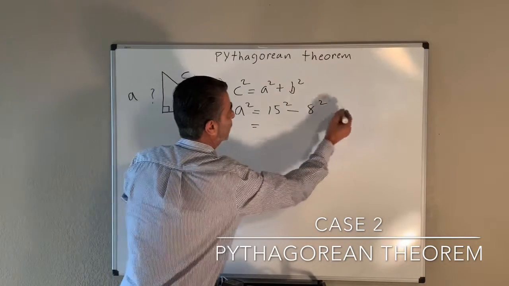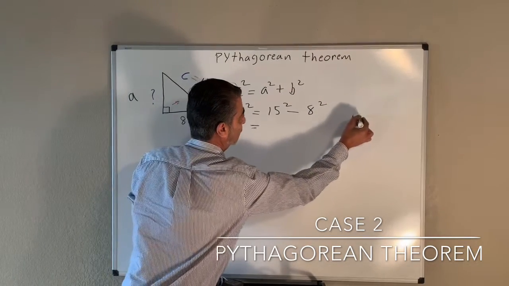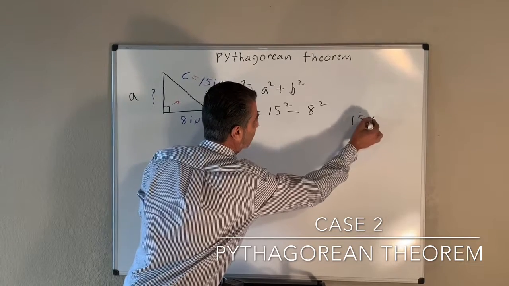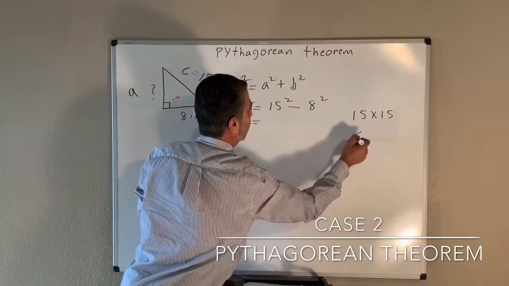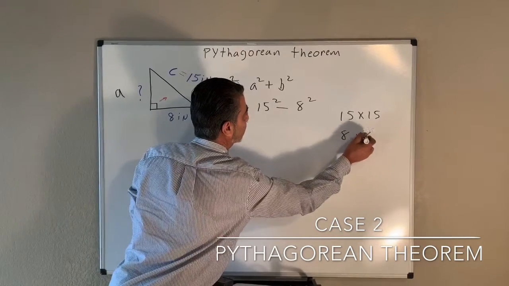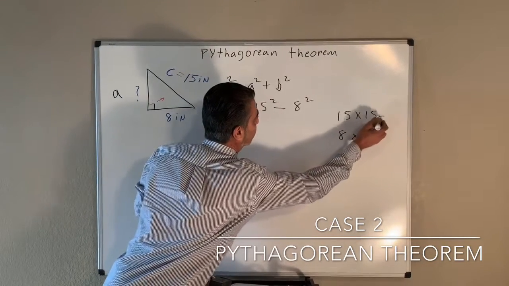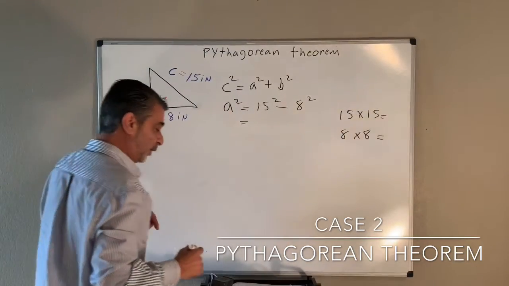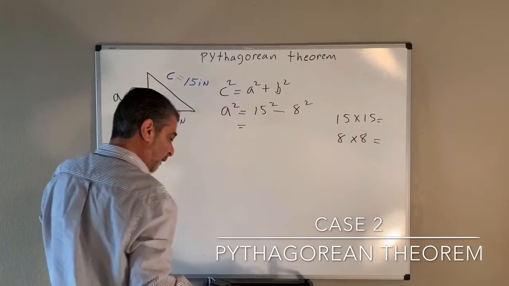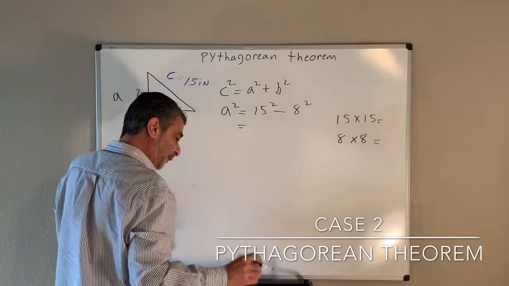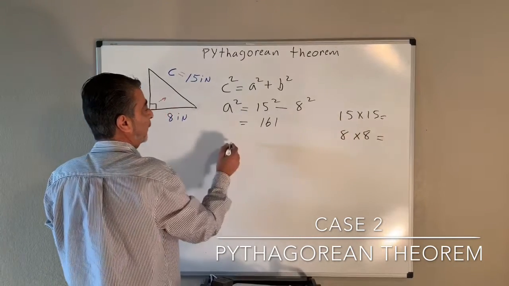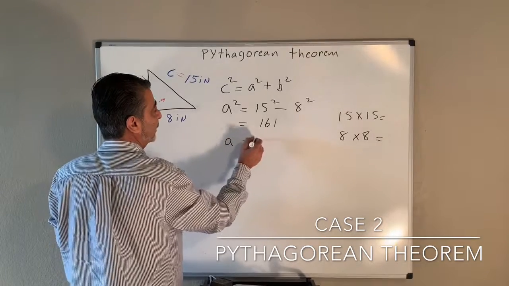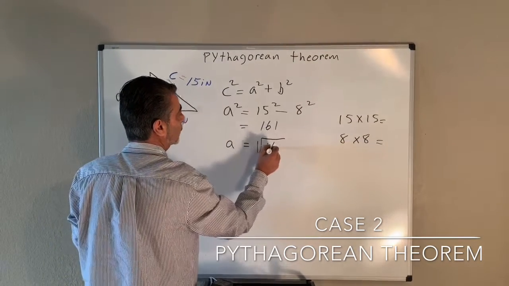Like I said, you don't need a scientific calculator. 15 times 15, you can do that, and 8 times 8, and find your answer. This is going to be 161. Then to find A, you simply take the square root of 161.